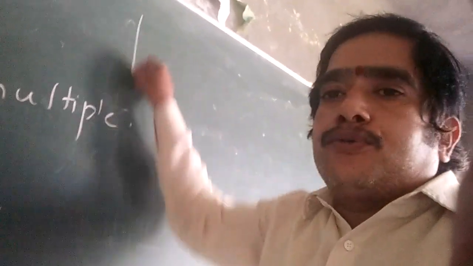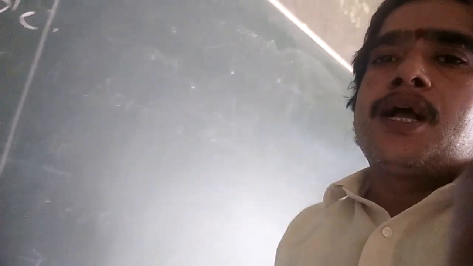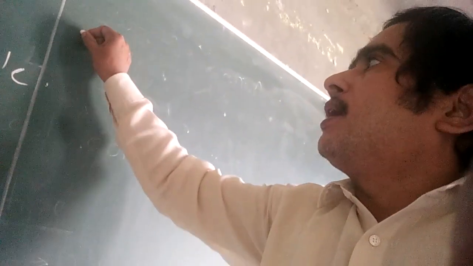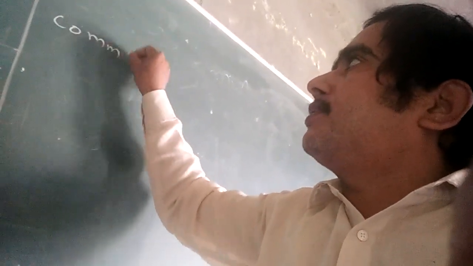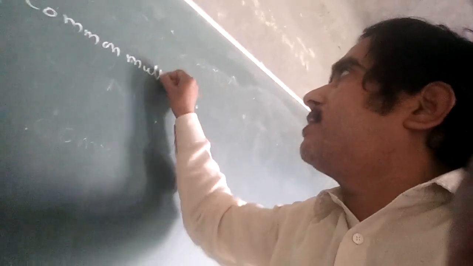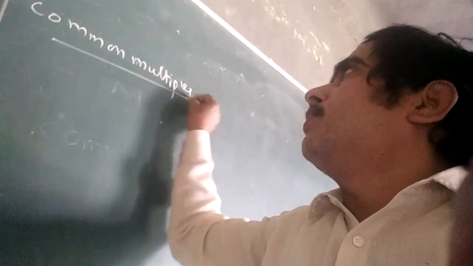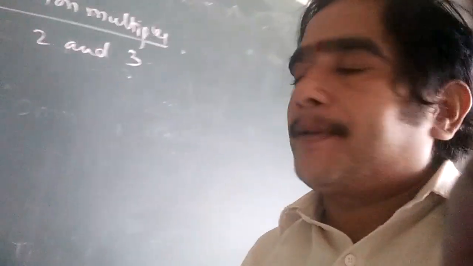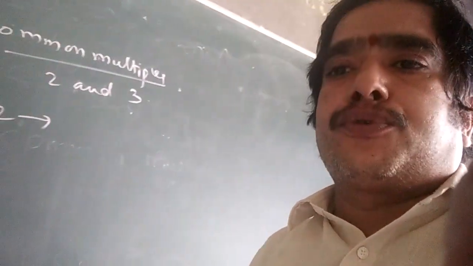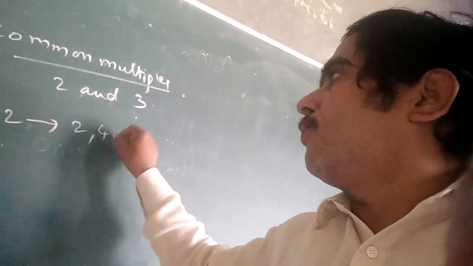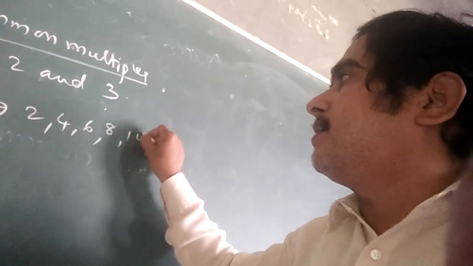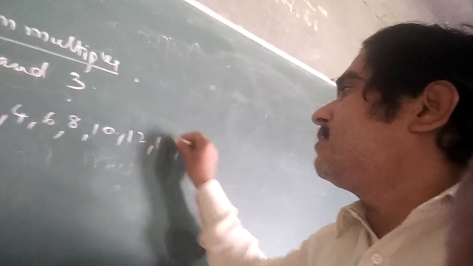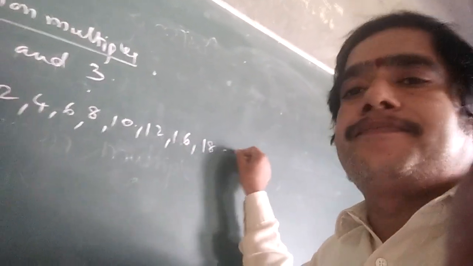Now, the next one. What are common multiples? I'll take one example, with 2 and 3 first, a simple example. What are the multiples of 2? Just now we wrote 2, 4, 6, 8, 10, 12, 14, 16, 18.